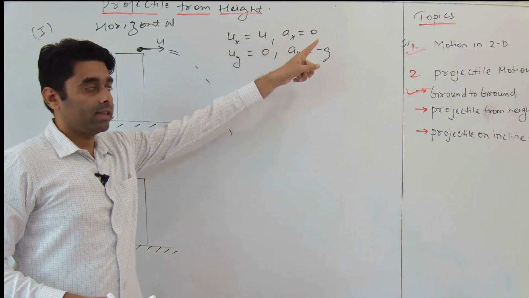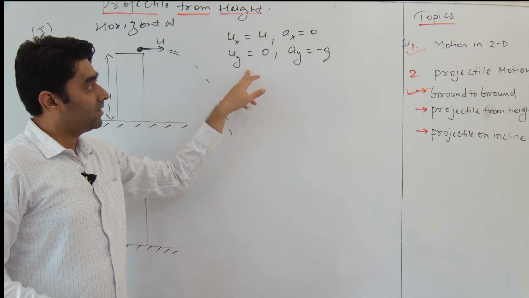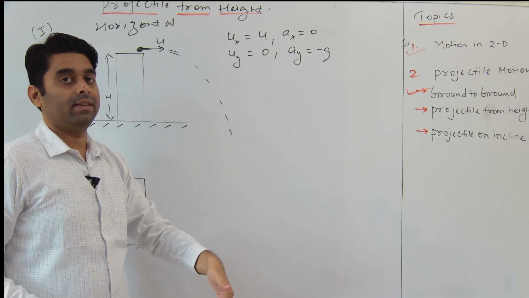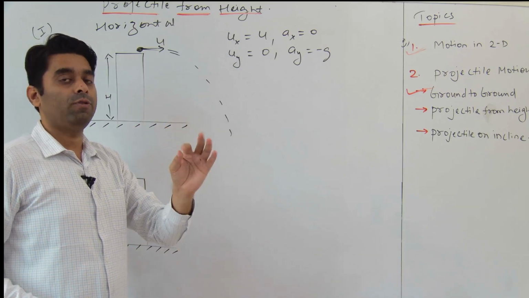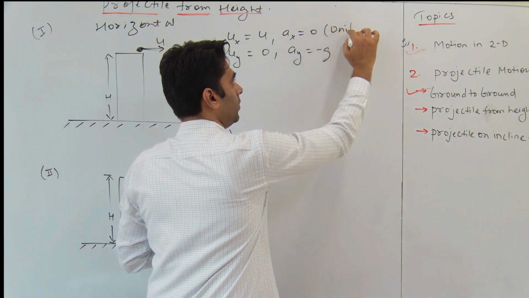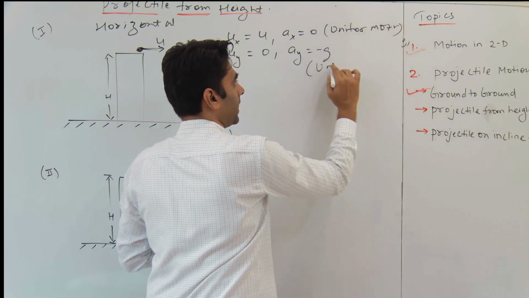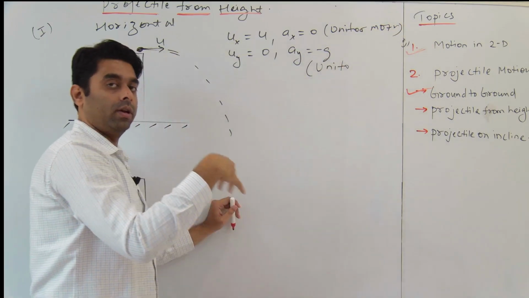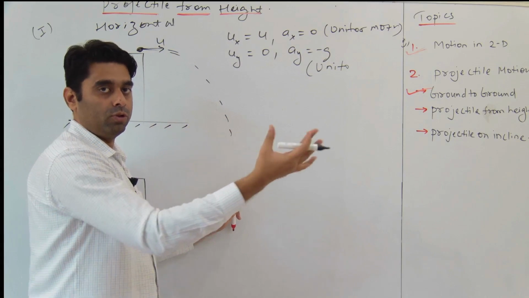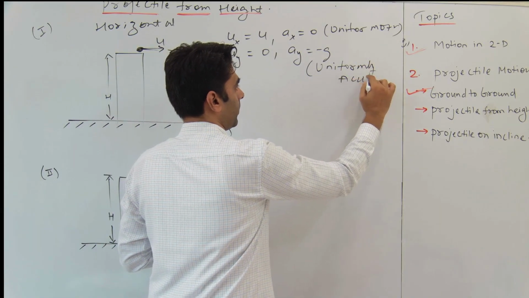In x direction, acceleration is 0, that means it is uniform motion. Whereas in y direction, there is a constant acceleration, therefore it is uniformly accelerated motion. Over here, constant velocity is uniform motion, whereas this is uniformly accelerated motion. It's a non-uniform motion, but the acceleration is uniform.